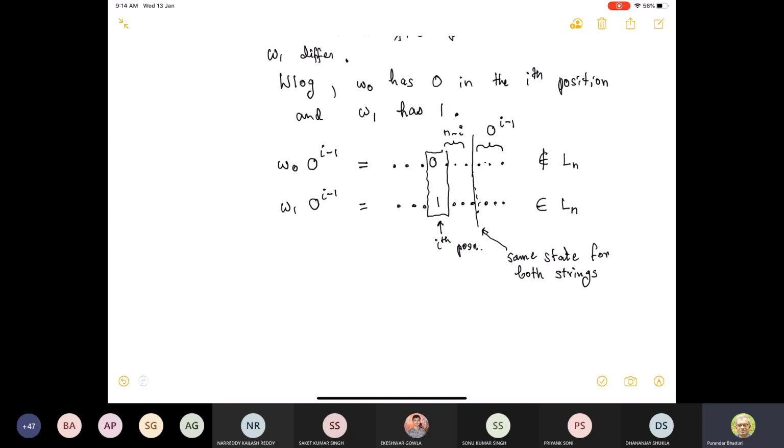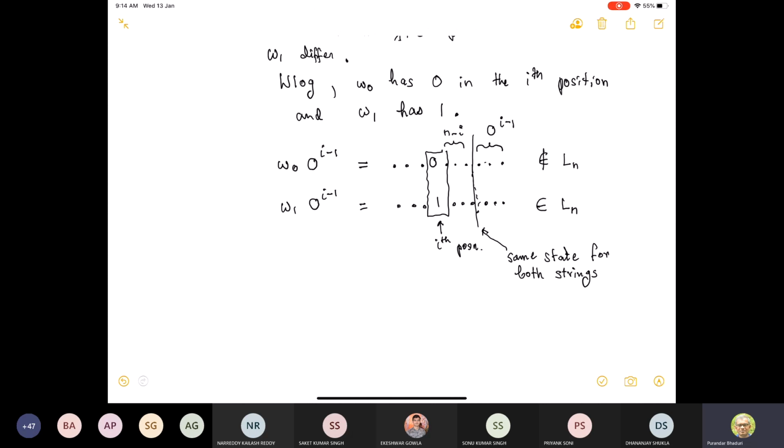It's just a string of I minus 1 zeros. Therefore, at the end, the machine will reach the same state, whether it processes the top string or the bottom string. And that is a contradiction because one of these strings is in Ln, the other is not. So the common state which is reached cannot be both final and non-final at the same time. Okay. So this is the gist of the argument.